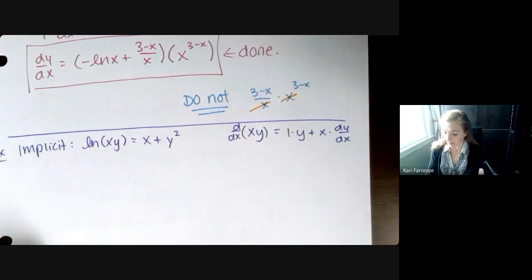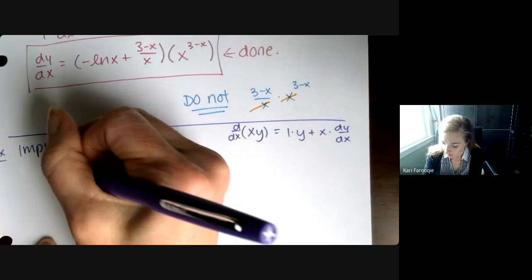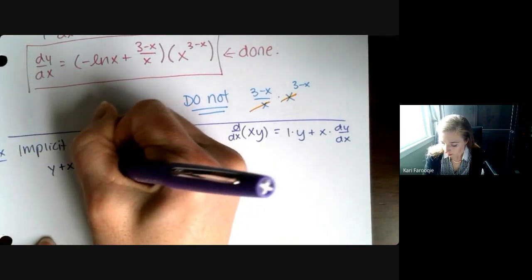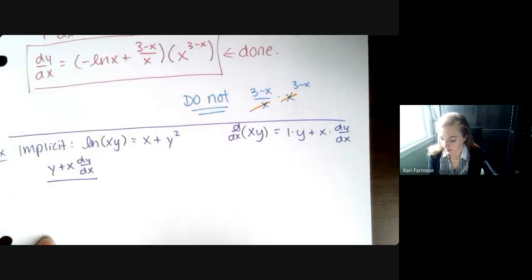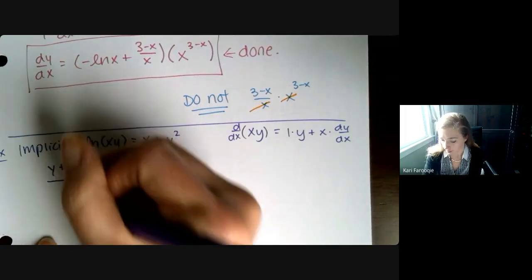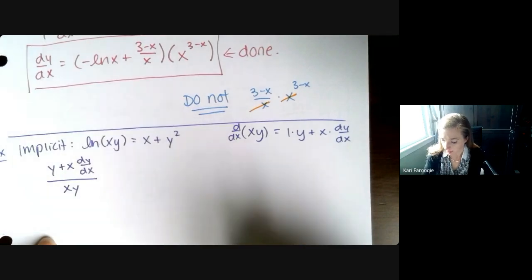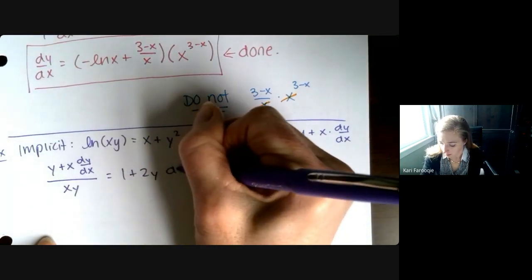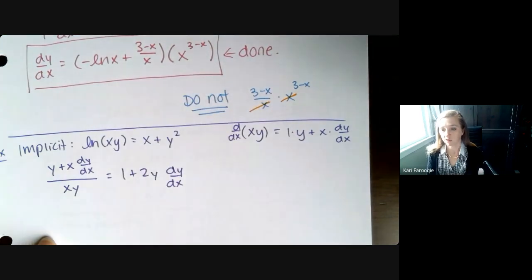So the derivative of the inside function is y plus x dy/dx, divided by the original, which is xy, equals 1 plus 2y dy/dx.